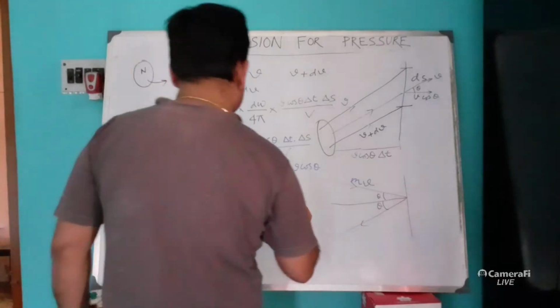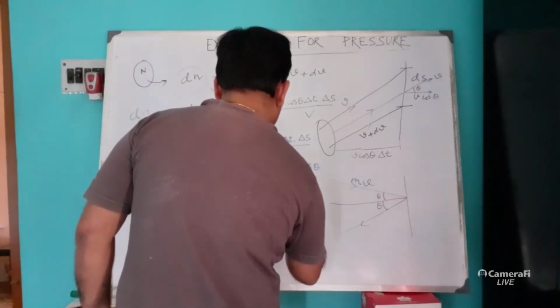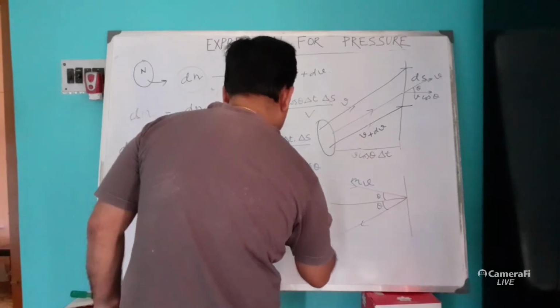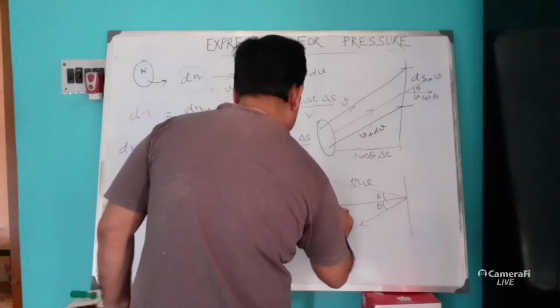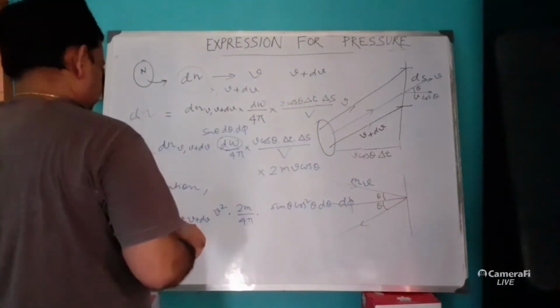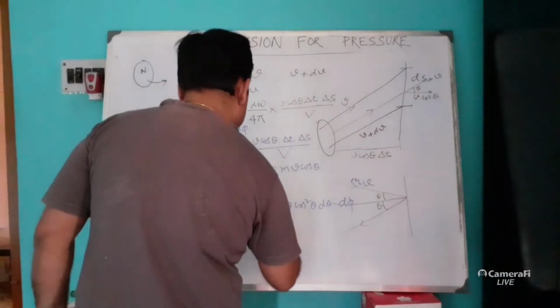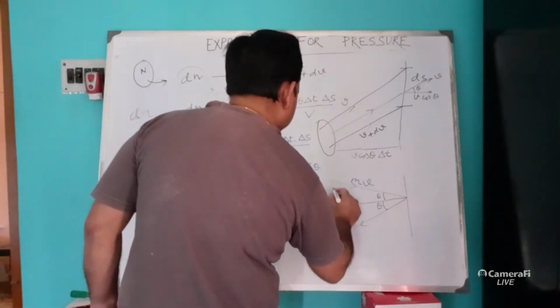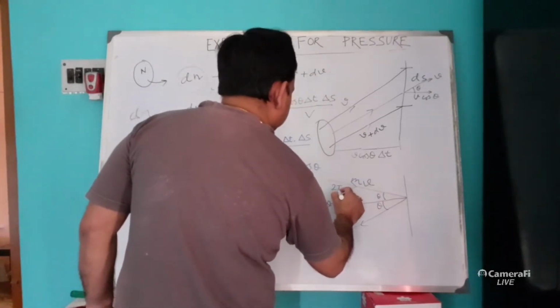So you can write sin theta cos squared theta d theta d phi. Our integration over theta will run from 0 to pi by 2 and the d phi integration will run from 0 to 2 pi.